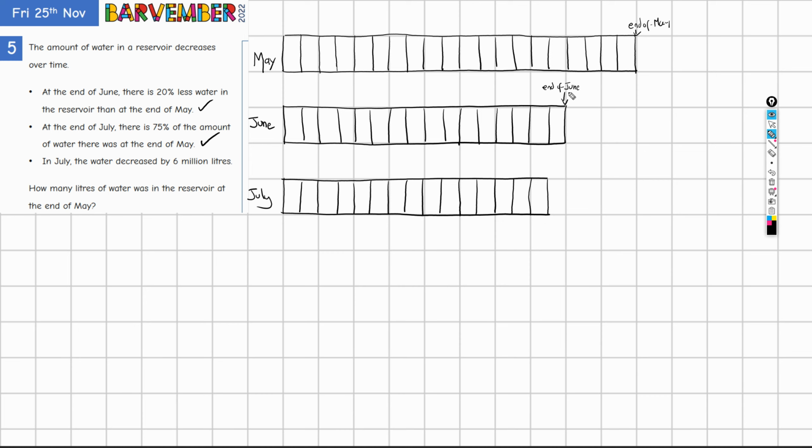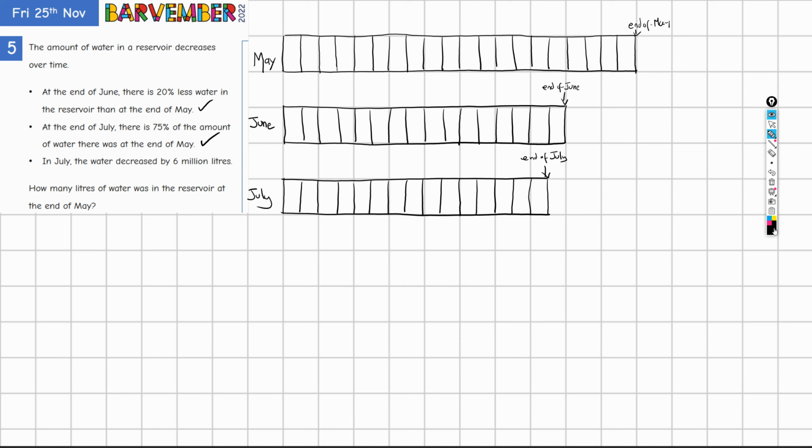Okay, so this was the end of June, and this is the end of July. At the beginning of July, there was all of this amount because it was the same as at the end of June. The end of July is here. The beginning of July is here, which is the same as the end of June.